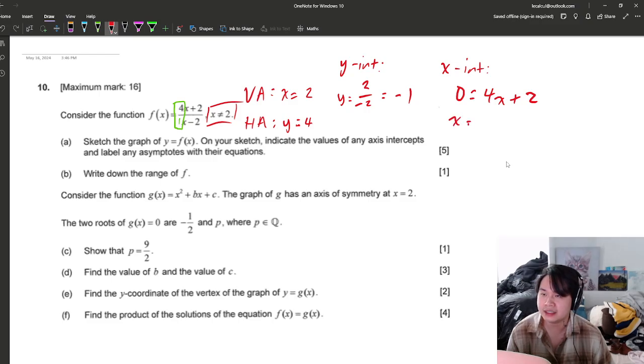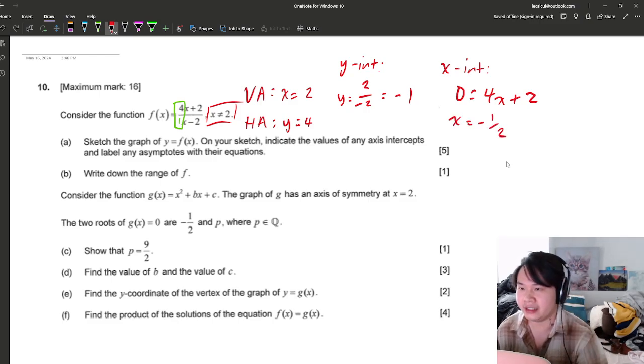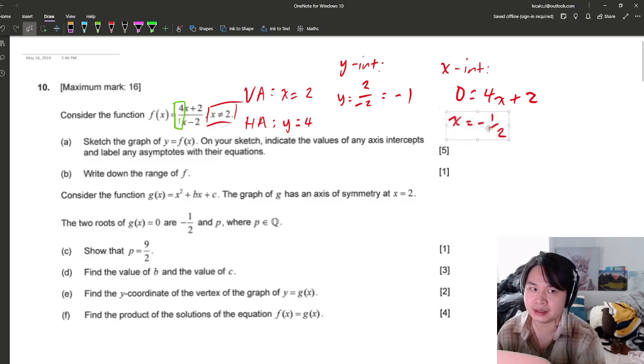So solving for this, you would get -1/2. And the only caveat to worry about, and I don't even think this is much of a worry because I don't know if this is possible, is if this solution is the same as your non-permissible value or your asymptote, then you don't have an x-intercept. But we do. We have one at -1/2, which is a value that we can have for x.